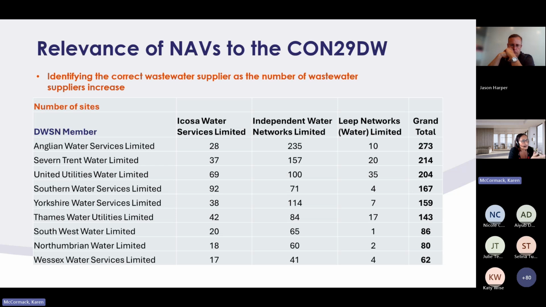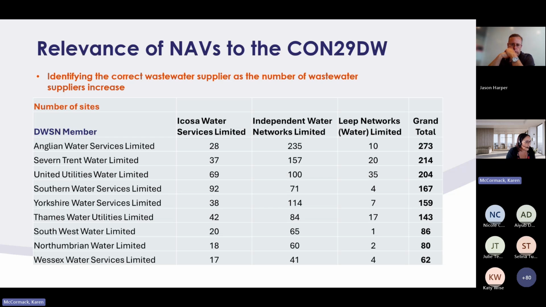And if the incumbent water supplier happens to be the centre of that postcode, then you will get that data returned to say that you need to contact the water supplier when actually your particular address or property sits within a NAV supplier. If that happens, your incumbent DWSN member will always advise you as to who to contact, and if it is a NAV supplier, they will advise you to go to the NAV.